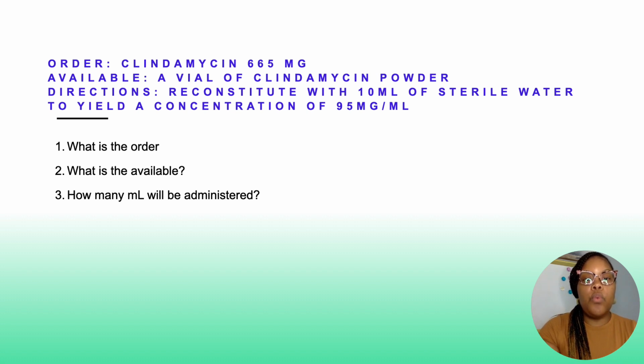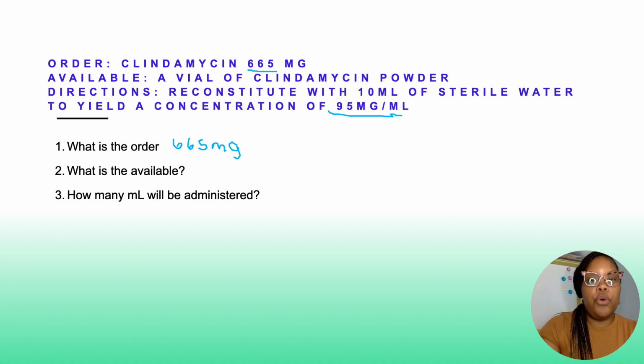So number one, what is the order? The order says clindamycin 665 mgs. So that will go here. And guys, I'm doing my best to write on here to make it easier, so bear with me. And then what we have available is our 95 mgs per ml.